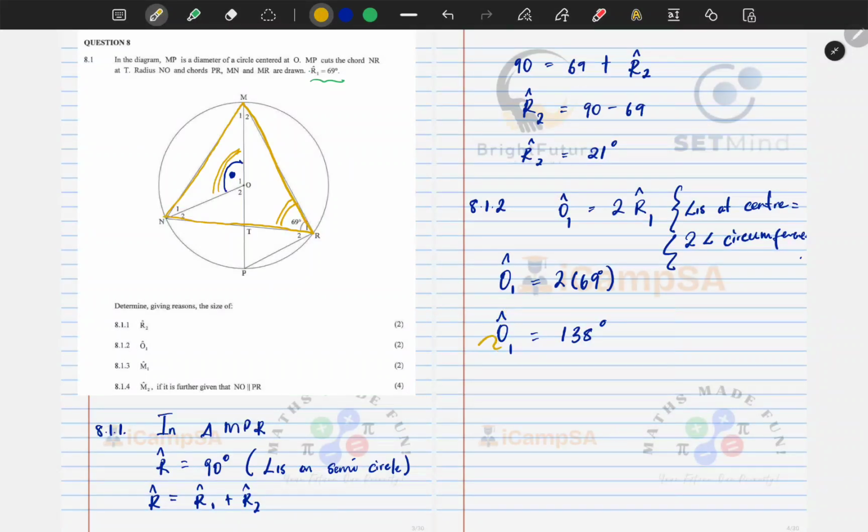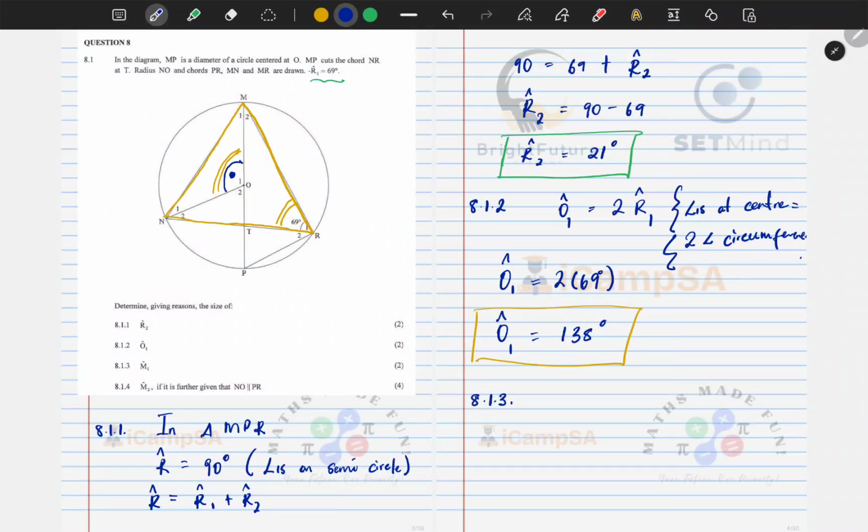So that's how we can find angle O1, right? So you just look at triangle MNR.